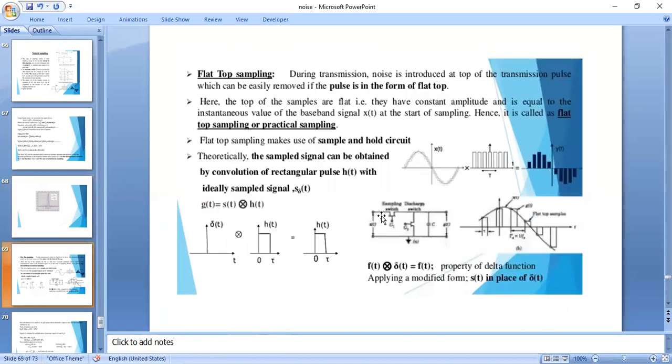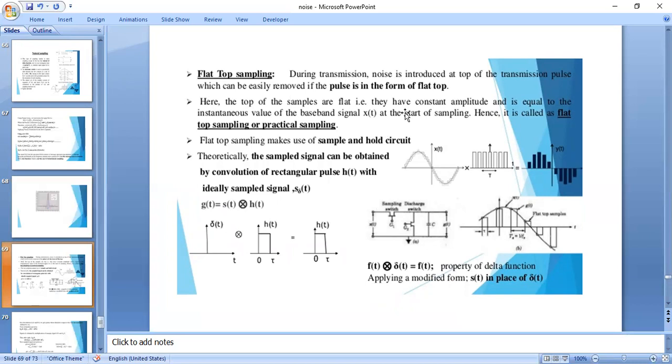Another classification is flat top sampling. For example, during transmission there is a possibility of noise, which is added to the amplitudes at the top of the signal.